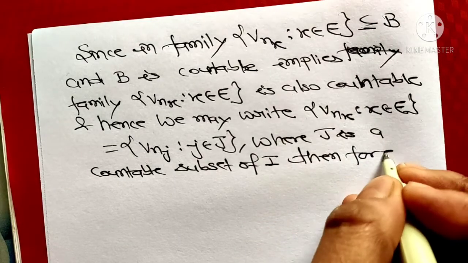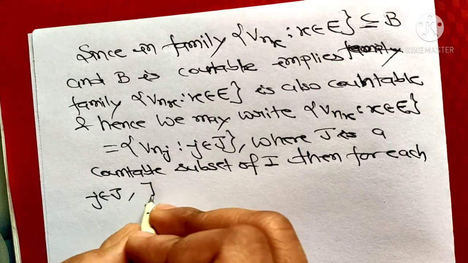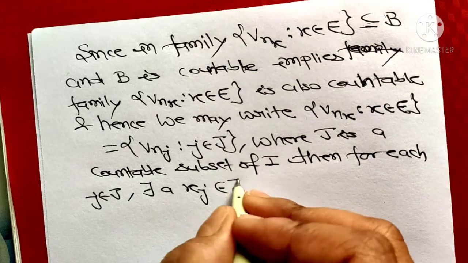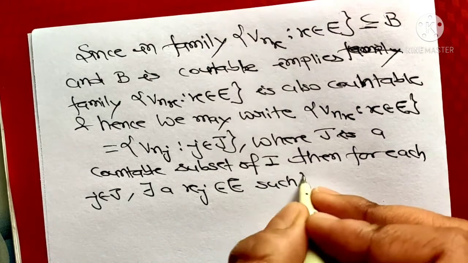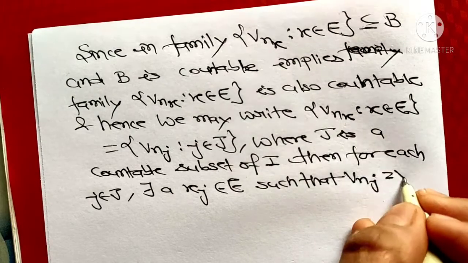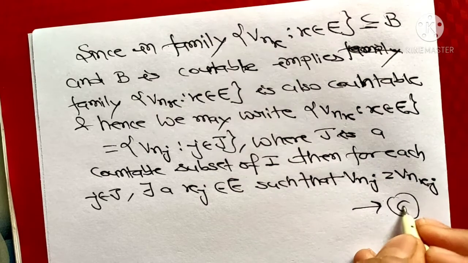Then for each j belongs to J, there exists an x_j belongs to E such that V_{n_j} is equal to V_{n_{x_j}}. Call it equation 6.